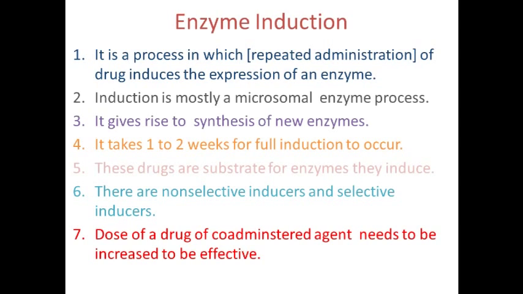For example, if a drug is getting metabolized by cytochrome P450 CYP3A4, then it will only be affected when that particular enzyme is induced. So the drug needs to go through that pathway of metabolism. If it is going through some other pathway, its metabolism may not be affected.